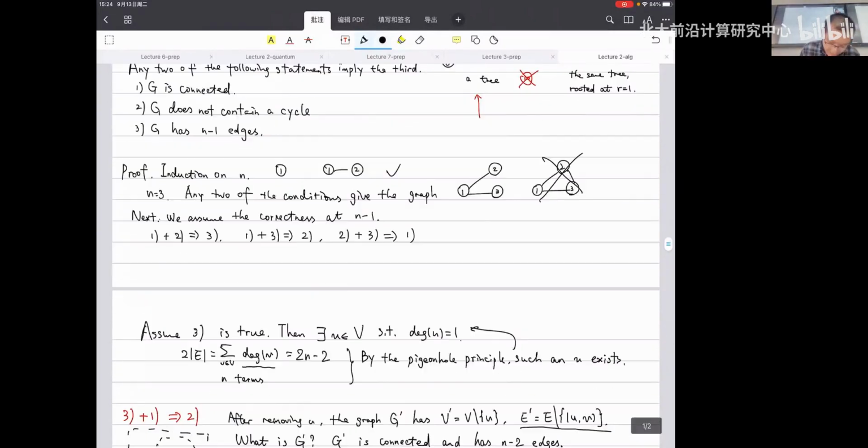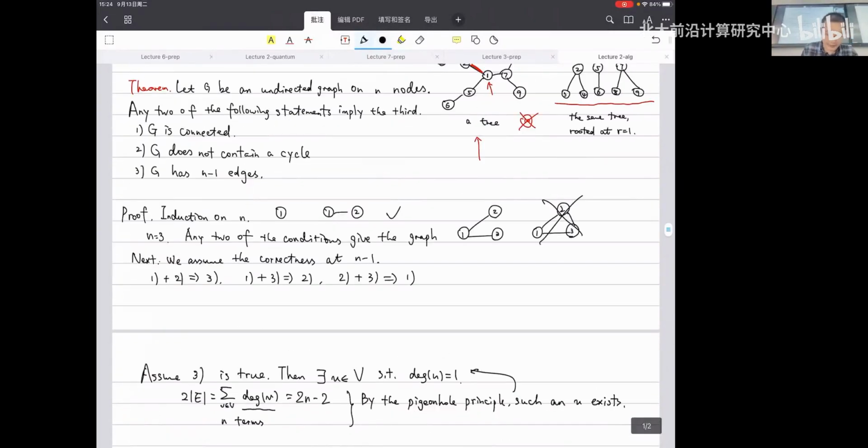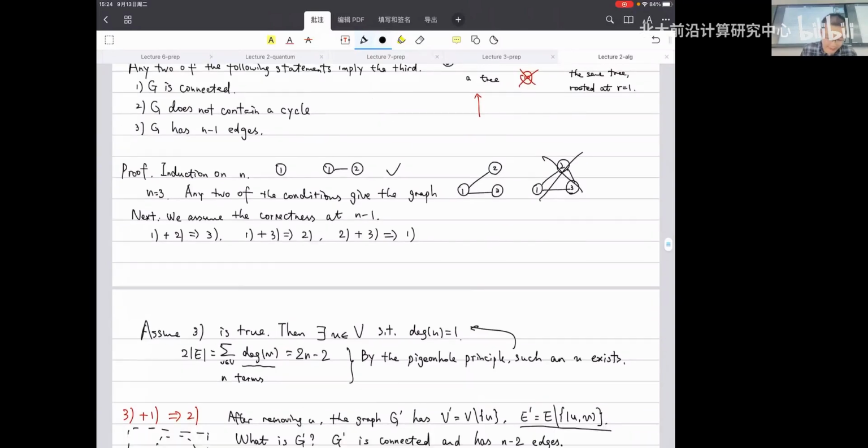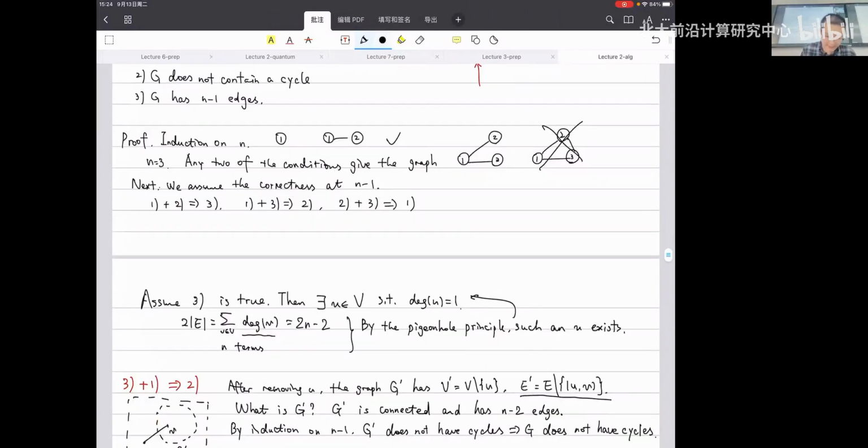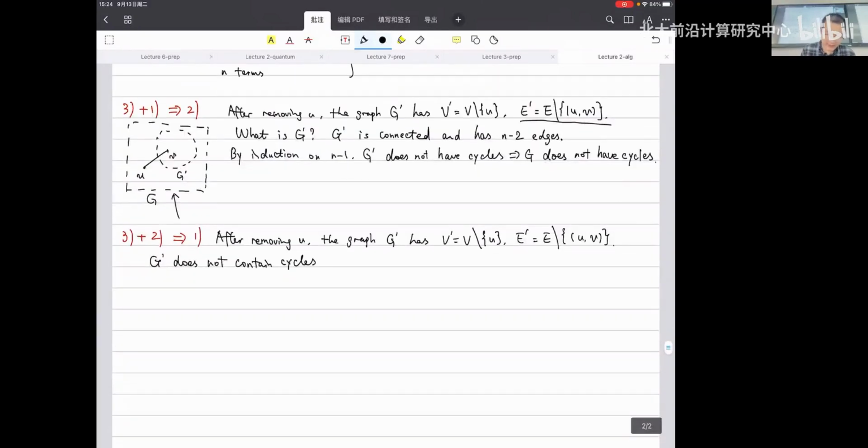So recall that when we want to have 3 + 2 imply 1, we have the assumption that the current graph has n-1 edges, and the current graph does not contain a cycle. Recall that if we want to delete a certain edge, for instance, here we are deleting the edge between U and V. Deleting edges will never increase the number of cycles. I mean, deleting an edge does not create any cycle.